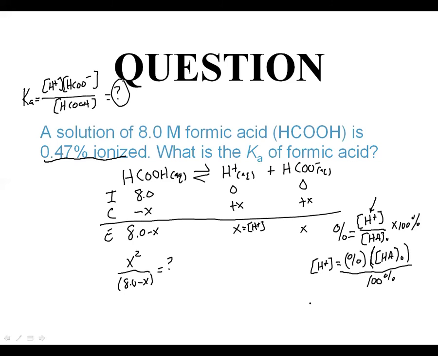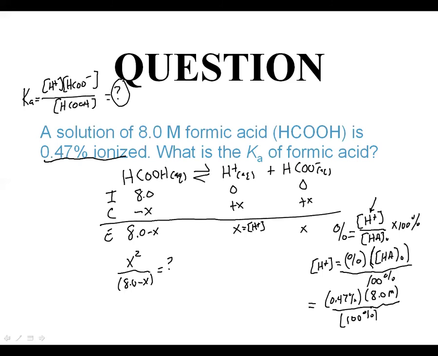And we do have all these numbers. We have the percent ionization, which is 0.47%. We have our initial concentration, which is 8. And we have 100%. This is a long way to go to basically take 0.47% of 8. You move the decimal place 2 places to the left to do that.